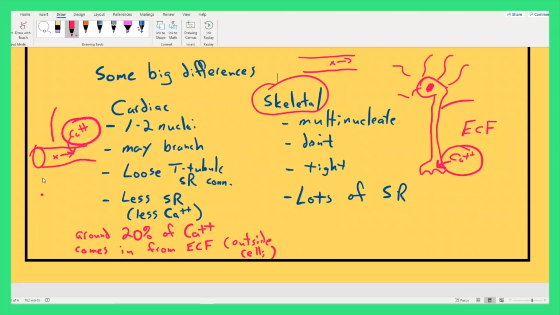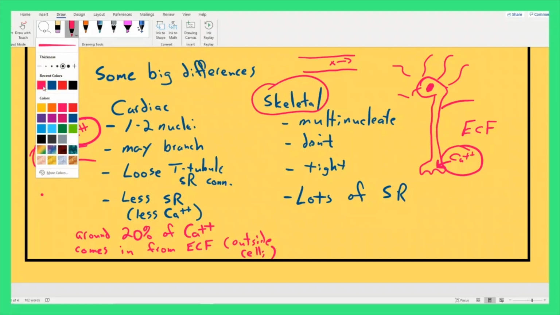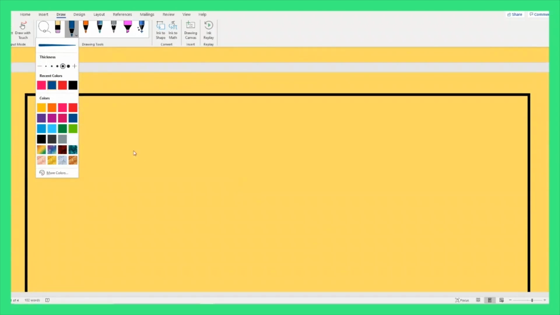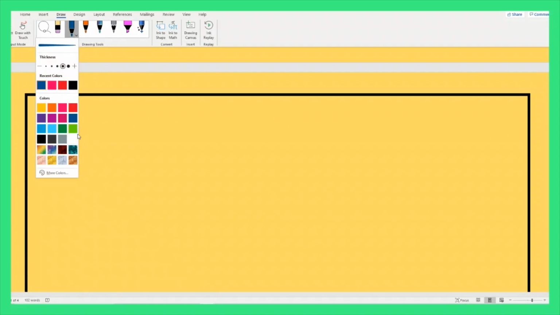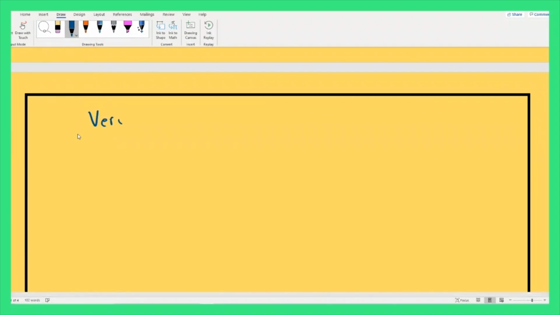Also, cardiac muscle cells, compared to skeletal muscle cells, have really, really big mitochondria. Cardiac muscle cells have huge mitochondria. Cardiac muscle cells have very large mitochondria in the cells.